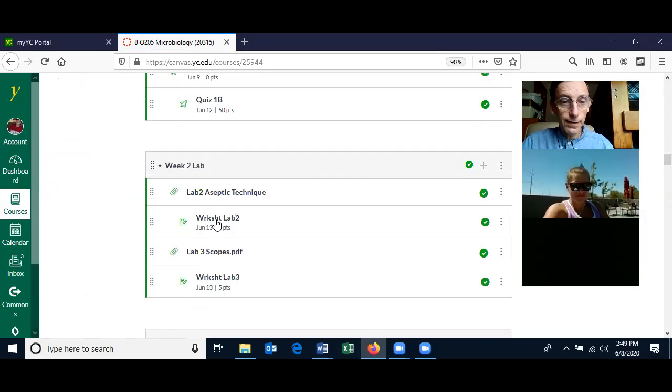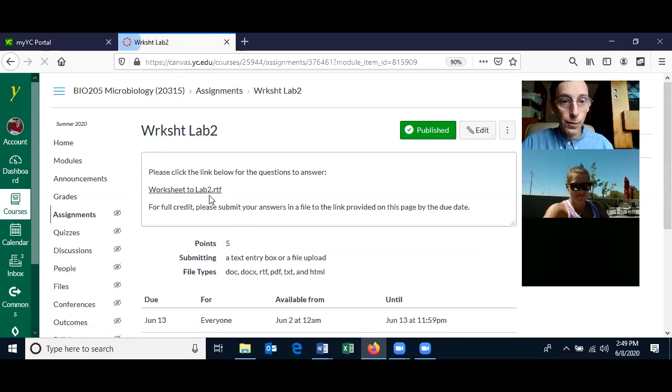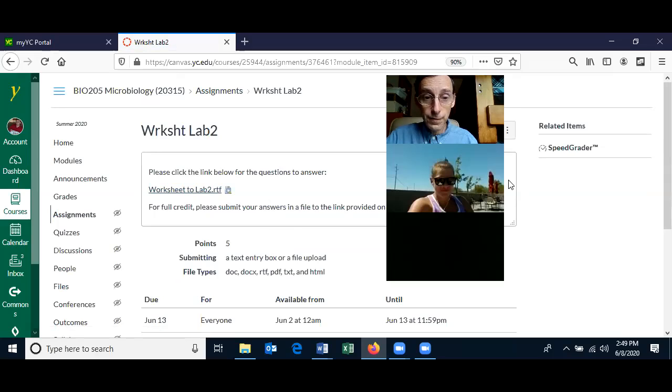There's the worksheet. Open that up and click on it to download it. Then you can type in your answers, and you should have a button over here for downloading your worksheet. Download it in this folder here, and then I will grade your Lab 2 worksheet.